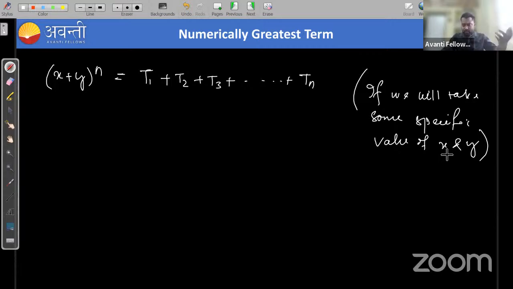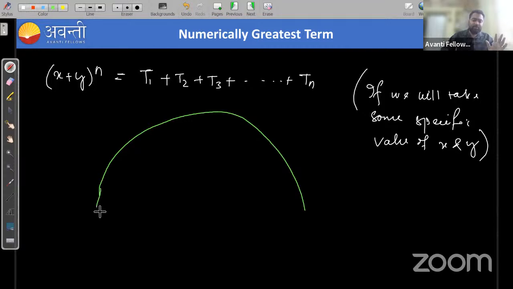If you take x is equal to 1, y is equal to 2, what will happen? When you put the values of x and y, you will get some terms, t1, t2, t3 up to tn. So if you roughly make the graph of all the terms, all the constants, it will be like this. Suppose these are my terms.